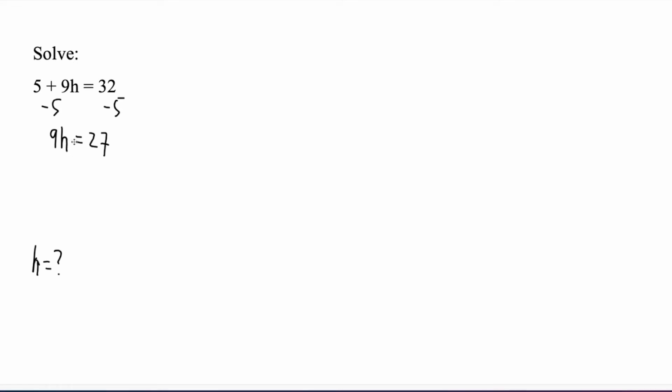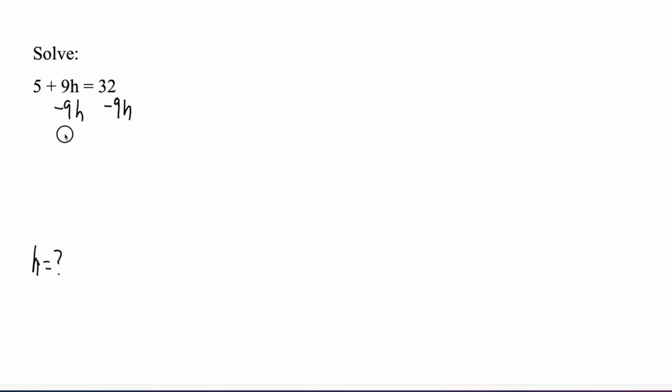Let me give you an example of what you should not be doing. Say, in this equation, instead of taking away 5, I took away 9h from both sides. Now 5 plus 9h, take away 9h, that's just 0.